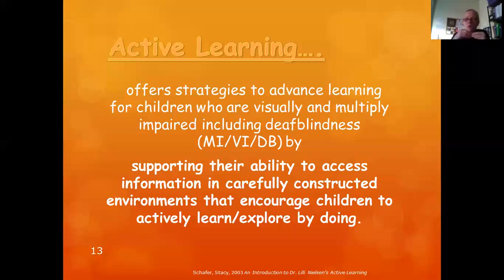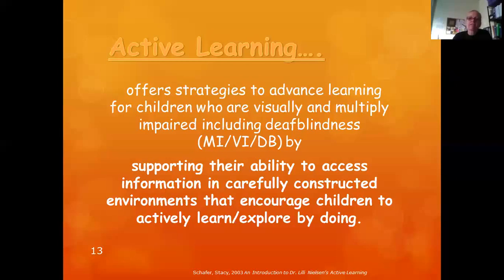If you have a child who can't see things or has a visual impairment, or who can't hear things well or has an auditory impairment, their ability to access information and learn from that information is greatly compromised. So what we try to do is, first of all, get the best handle we can on what they can see and hear, which can often be a challenge. And then we employ other sensory systems like touch to help support learning.